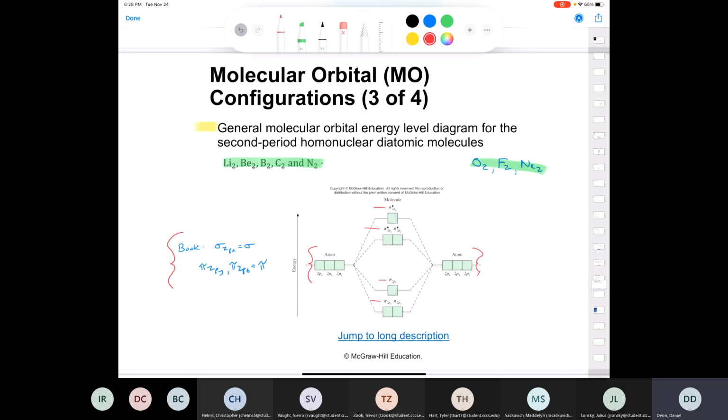We tally up the number of electrons in our atomic orbitals, and we place them in the molecular orbitals in order.